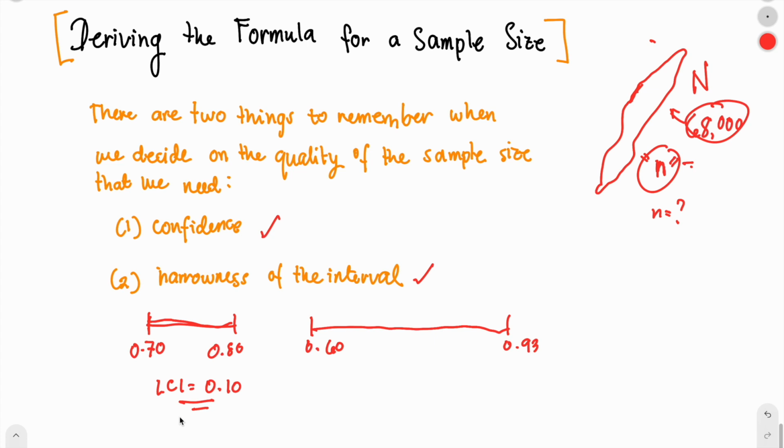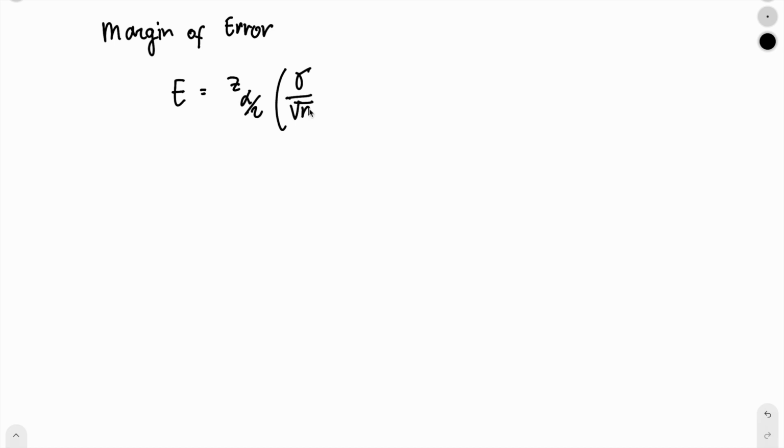So the computing formula in determining the sample size is derived from the formula of the margin of error. So I'll introduce another formula here. Let's say we have a margin of error. Gikan daw aning margin of error kay masolve na nato ang n. So the margin of error is equal to z sub alpha over 2 times sigma over square root of n.